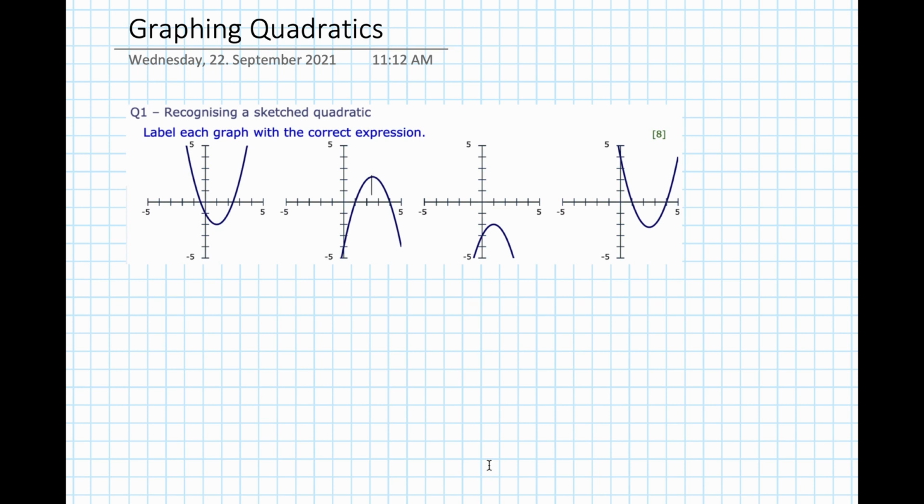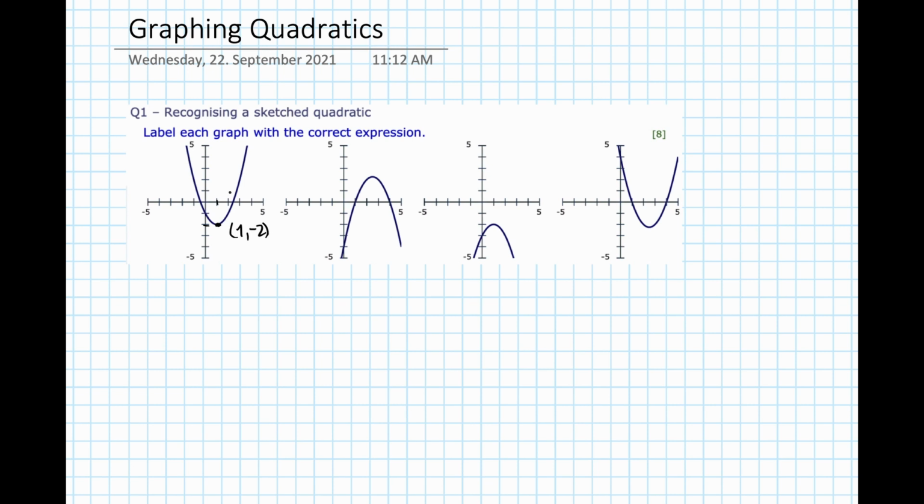So you can determine the equation based on your minimum or maximum point, which would be at 1 and -2. So here's 1 and -2.